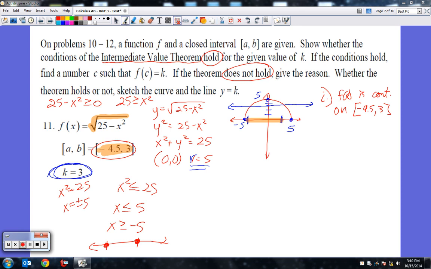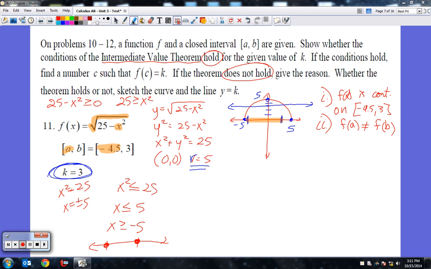If I go to rule number 2, rule number 2 says we have to establish that f of a does not equal f of b to make sure our theorem holds and we can move on. Well, what is f of a? F of a is the y value that I will get when I plug my a value into this function.